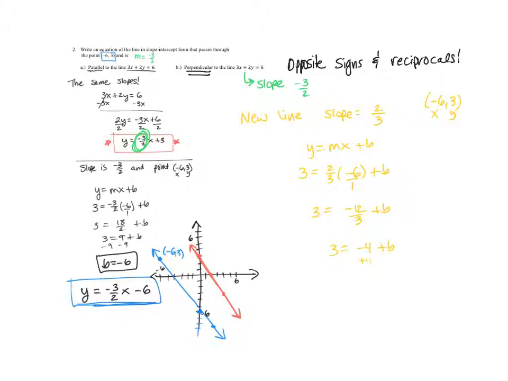And adding 4 to both sides, you'd have that 7 is equal to b. So our new line is y equals 2/3 x plus 7. So there's our new line. And you can see when we go to graph that, going up 2, over 3.